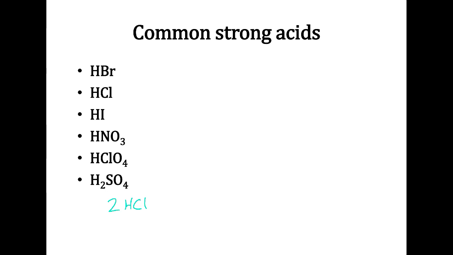If we react that with magnesium metal, we end up with a product of magnesium chloride, and whenever acids interact with metals, we tend to generate hydrogen gas. So this is a sample reaction for an acid reacting with a metal.